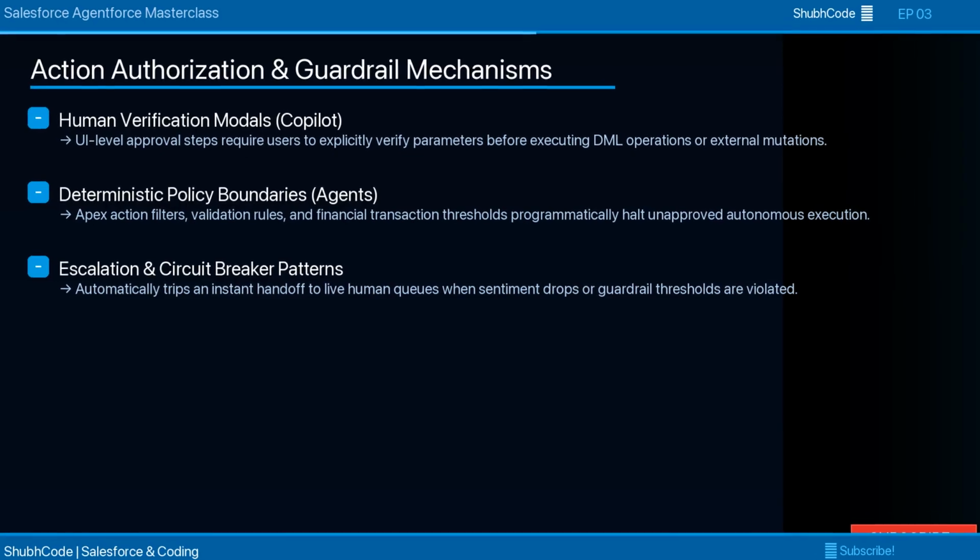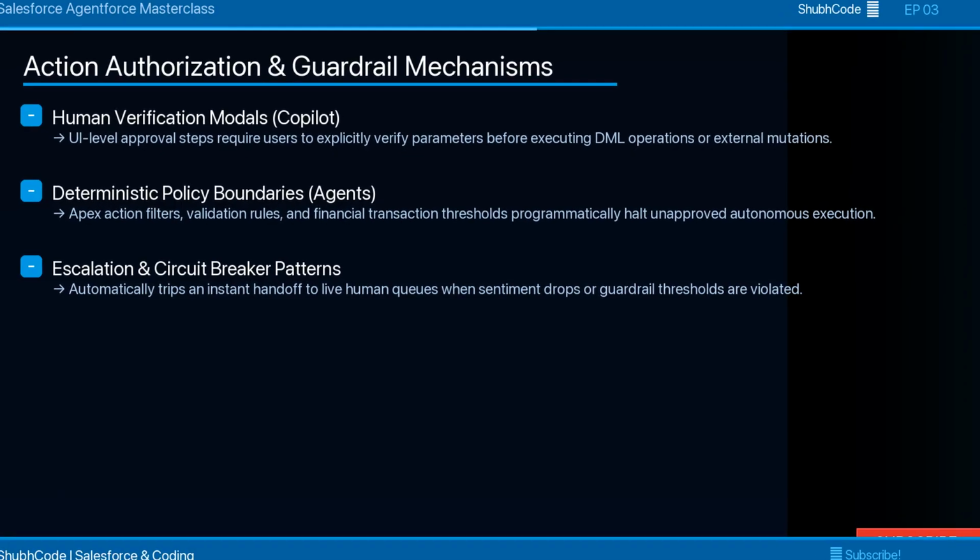How do we prevent an AI system from making devastating, unauthorized enterprise mistakes? In Einstein Copilot, safety is primarily enforced by visual confirmation modals where the human user clicks approve before any persistent DML or external REST call fires. Because custom autonomous agents lack a human spectator to click verification buttons, guardrails must be programmatic, deterministic, and embedded directly into the action schema.